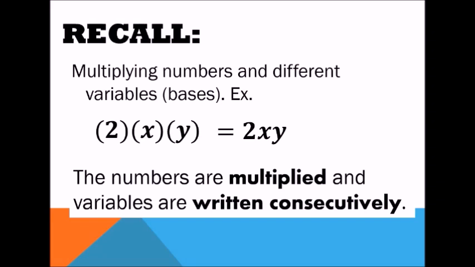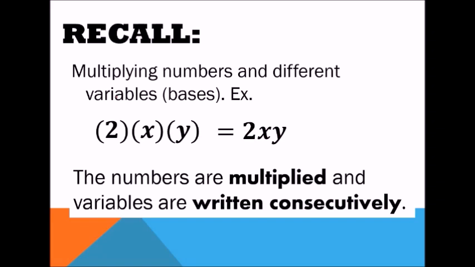It is understood that when they are written consecutively, they are multiplied. Like in the example, our monomials are 2 times x times y. They have different bases, so just write them side by side. So it's 2 times x times y, or 2xy.